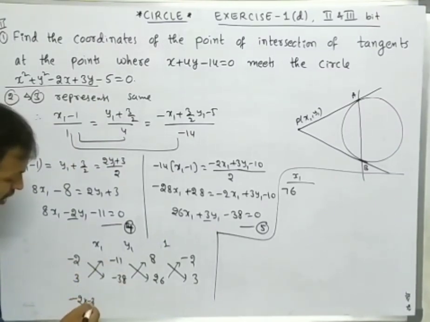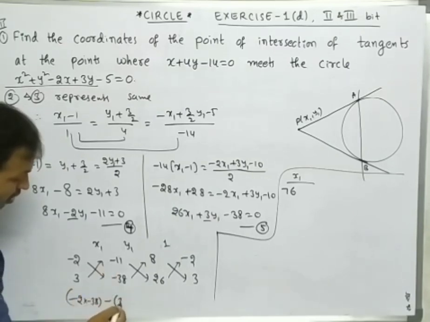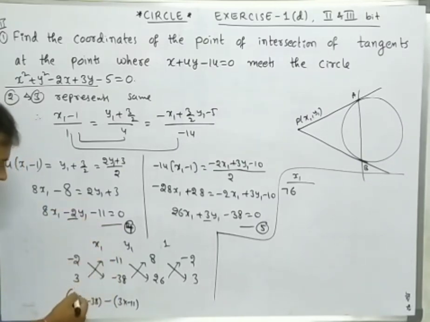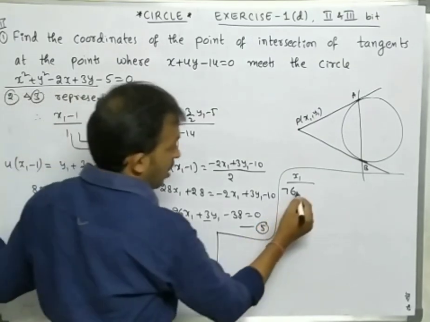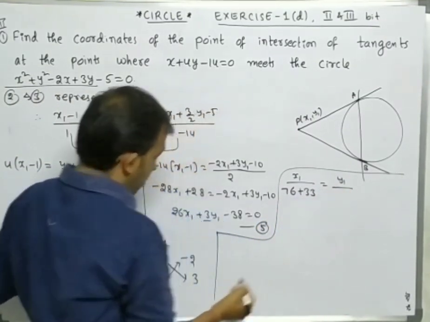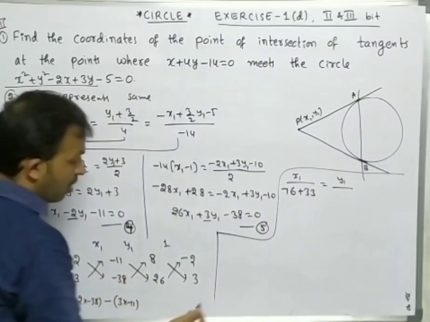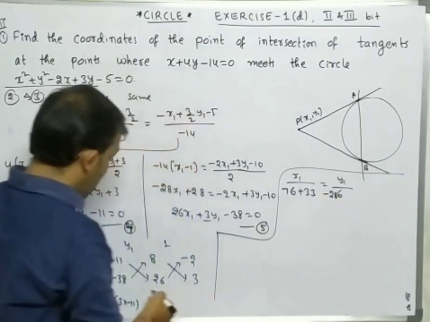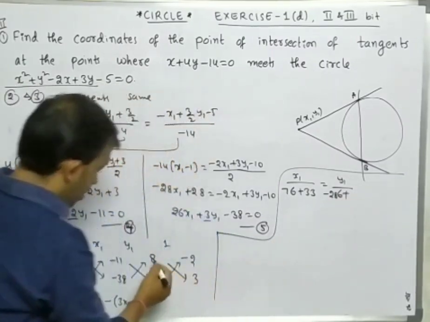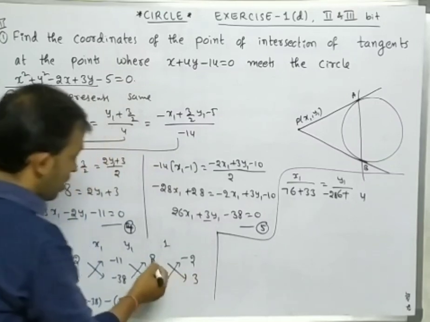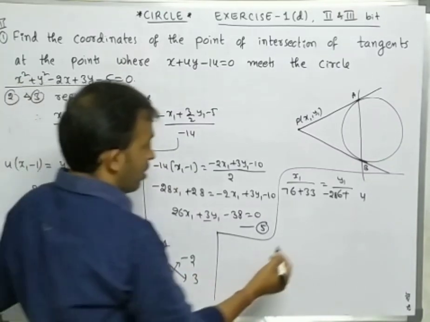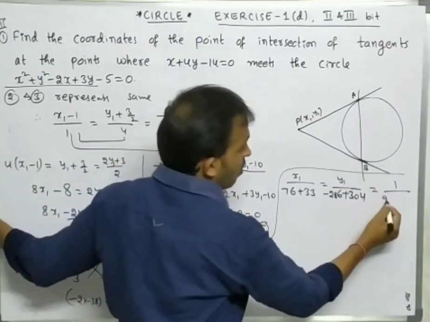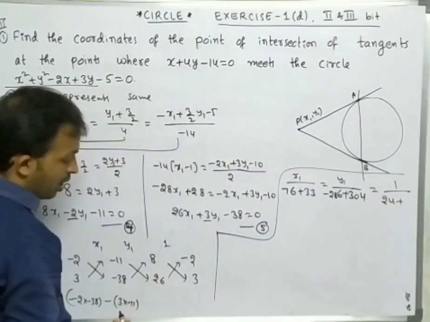Minus into minus is plus. y1 by (-11 into 26) minus (-38 into 8): 11 sixes are 66, 11 twos are 22, so 286, minus of minus plus, 8 eights are 64, 8 threes are 24. 1 by (8 into 3 = 24), minus into minus plus 2 into 26, 52.